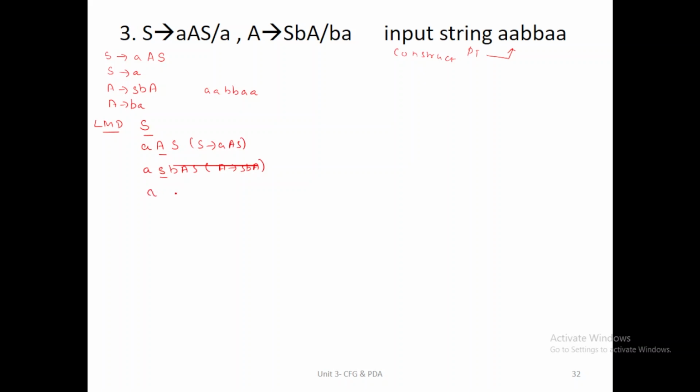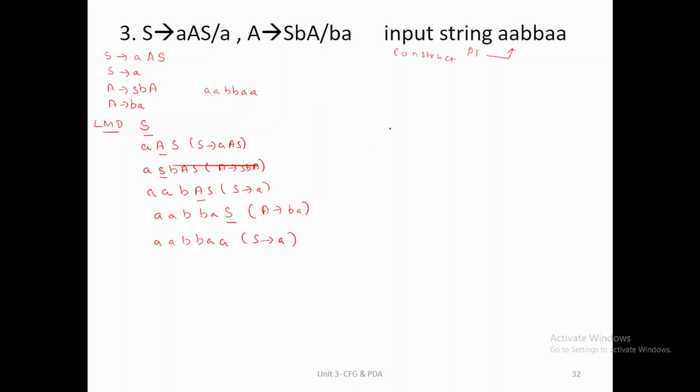The first non-terminal S is replaced as small a, which is available as the second production. Now the first three are the same. The capital A should be replaced as BA, and the remaining symbols are as they are. So A implies BA, and then aabbA, this S should be replaced as A.